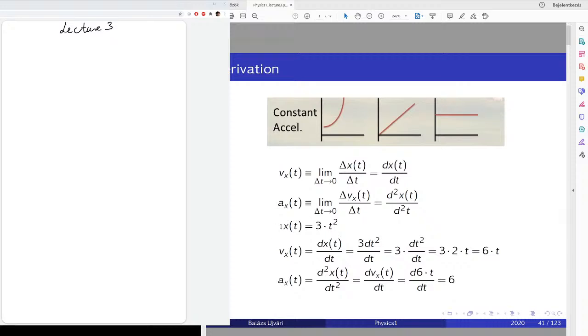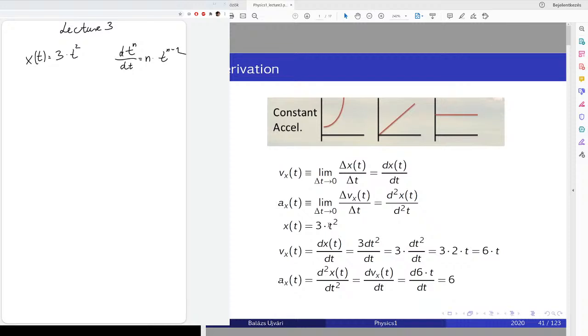Let's see an example. Let's derive 3 times t squared. If x(t) equals 3t squared, you remember the rule of the derivation. If we derive t to the power n, we will always get n times t to the power n minus 1. What does it mean?